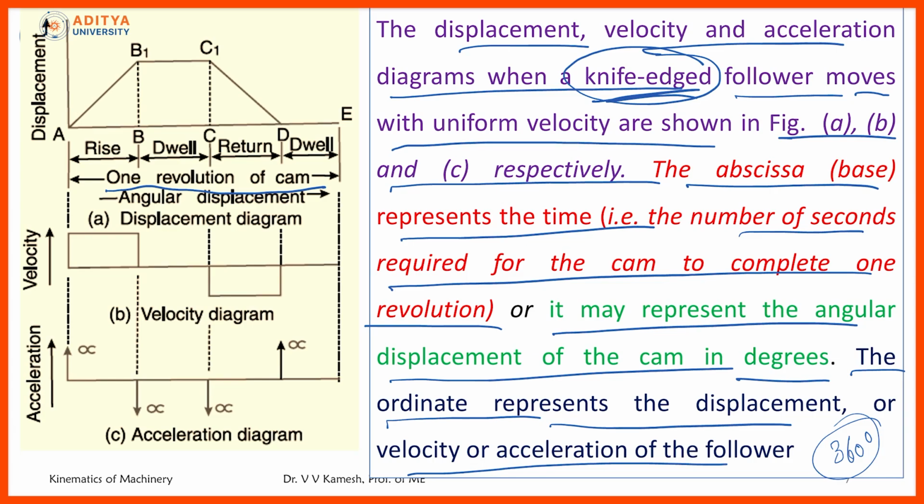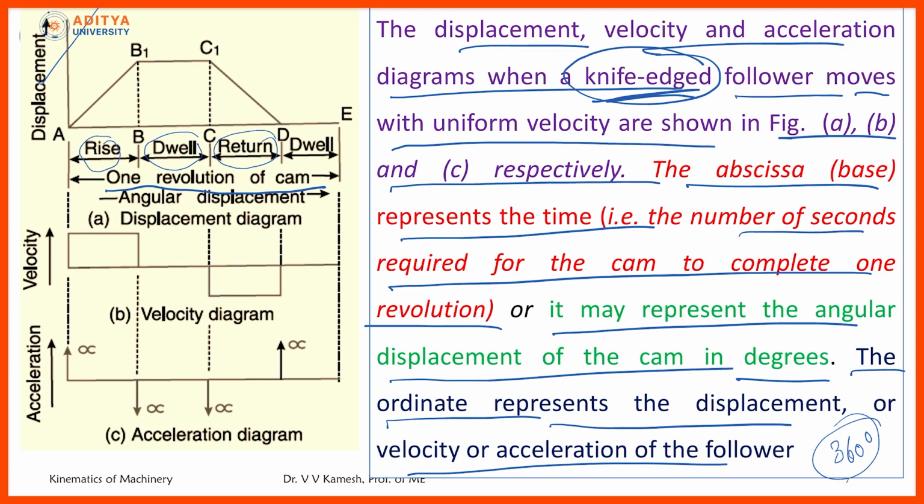Now, initially, we will discuss the displacement diagram. The displacement diagram has a minimum of 3 elements: one is rise, second is dwell, third is return. Rise means the starting point of the cam is at the lower level and the contour of the cam causes the roller or knife edge to rise, that means it is moving upwards.